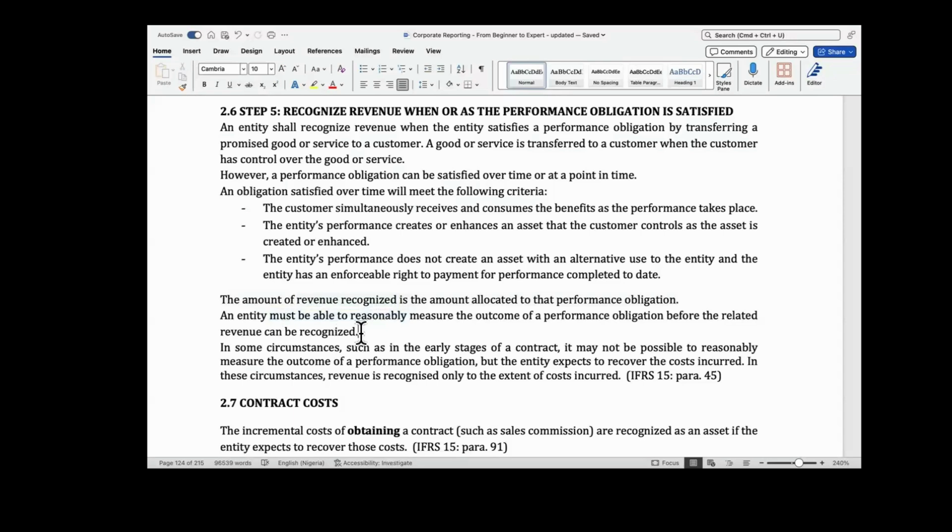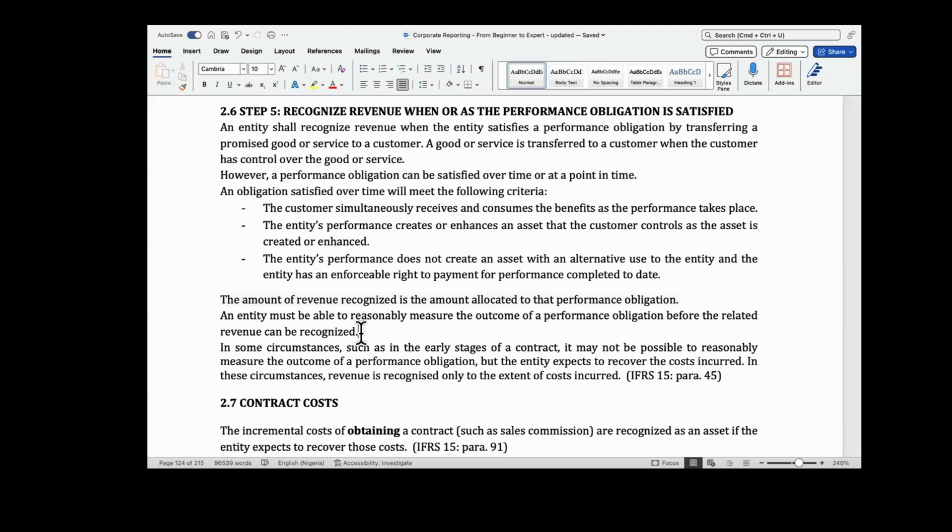If we can measure the outcome in such a way that we can say, okay, up to date, we have done 20%. By next month, we will have done 30%. By another month, we will have done 70%. Then that means we can measure the outcome like that. Then it will be easy to recognize revenue based on work completed.